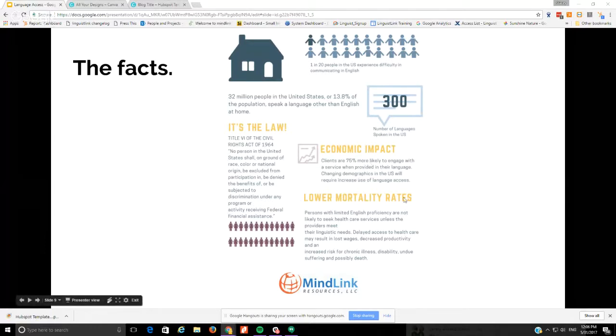Yeah. And this is a little bit morbid, but the reality is people who are limited English proficient, the LEP people, are less likely to call 911. They're less likely to seek healthcare unless the providers meet their linguistic needs. Delayed healthcare can result in lost wages and decreased productivity.